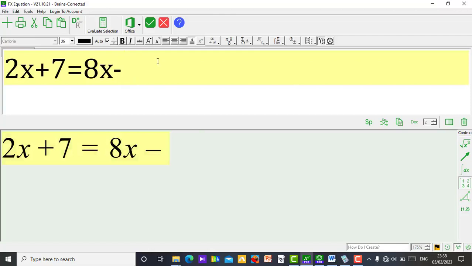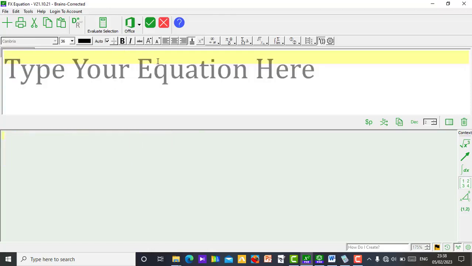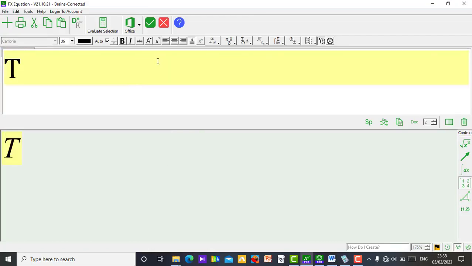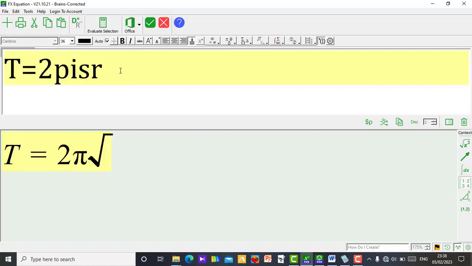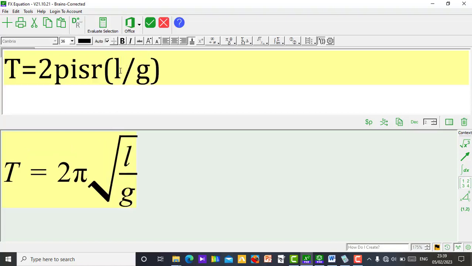Let's say I want to solve something like, for example, t equals 2 pi, just say pi and it will appear, 2 pi SR, that is square root, square root of L divided by G. I don't want it like this, so let me put the L inside a bracket, then divided by G. So this is an equation.